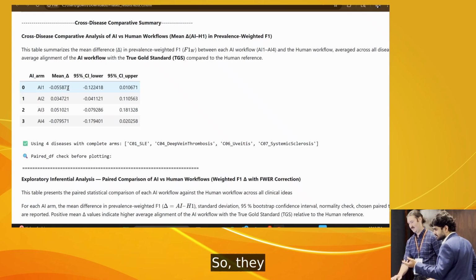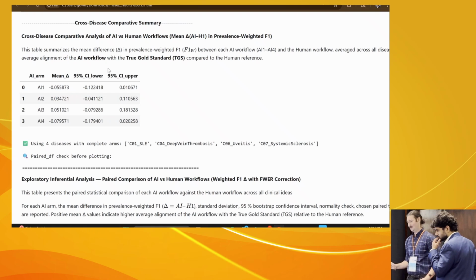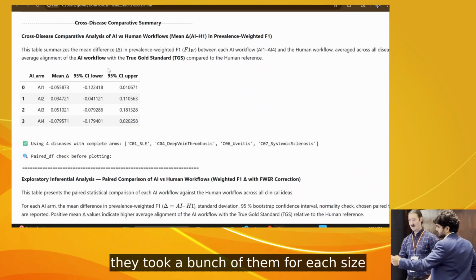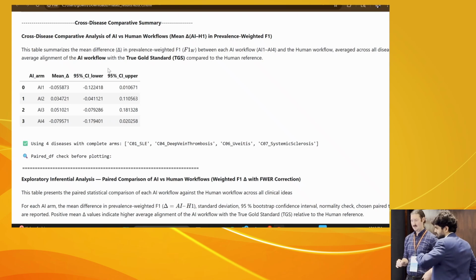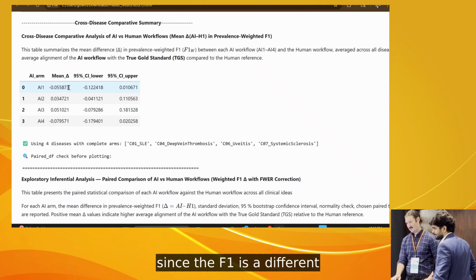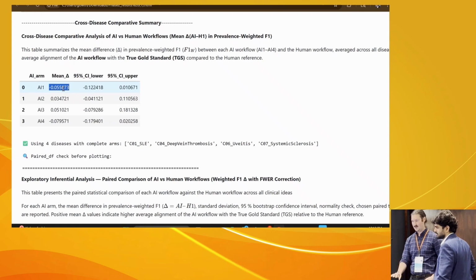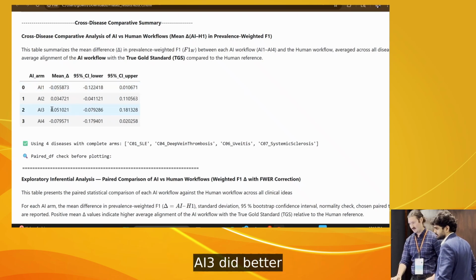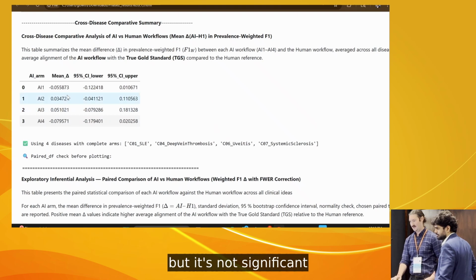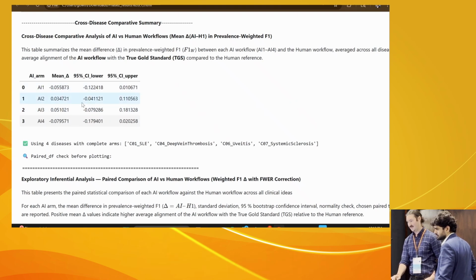Okay, so they took a bunch of them for each disease across the whole data and just merged them together. Is this F1 a difference, so a difference from the gold standard? So this says that on average the AI did better, but it's not really significant.